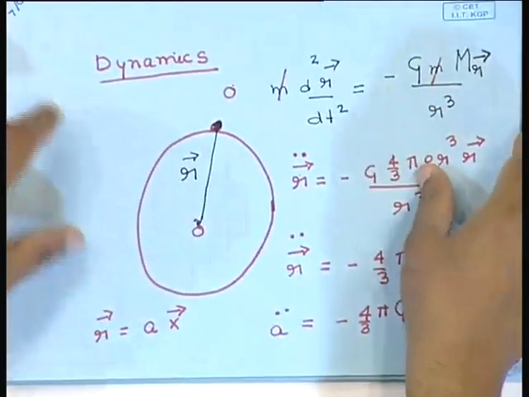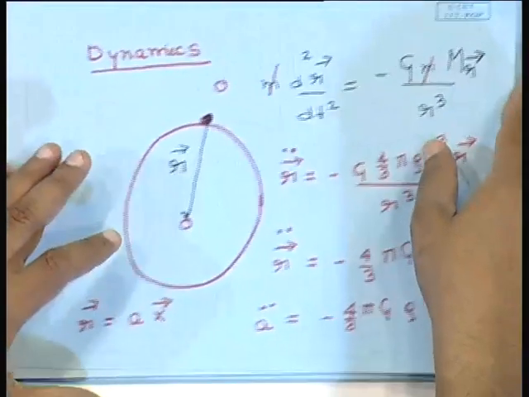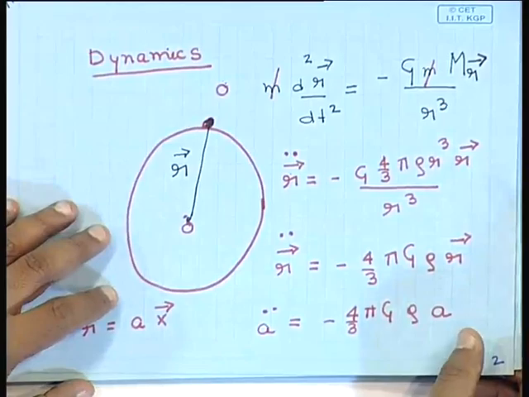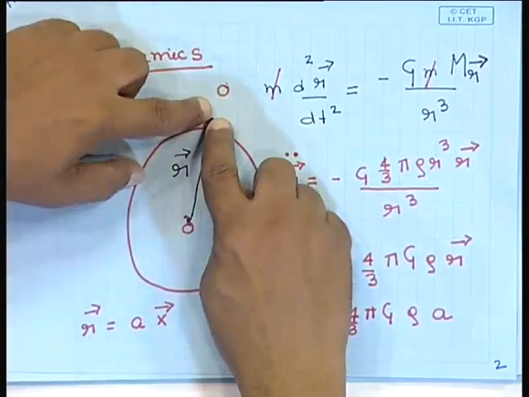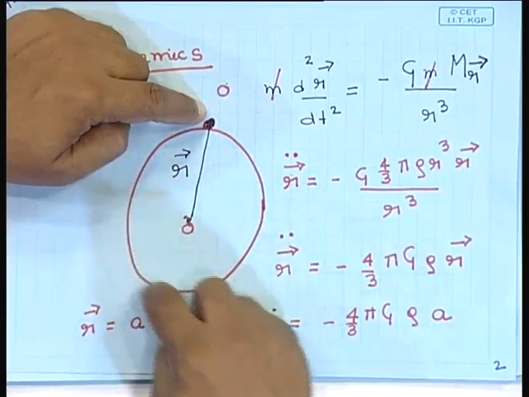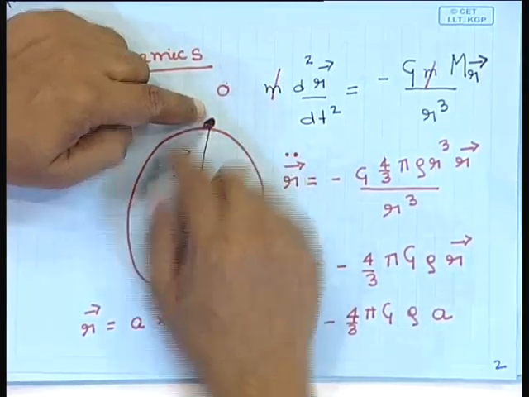Now, we have been doing a Newtonian analysis. In the Newtonian analysis, the gravitational force from inside on this object occurs only due to the mass distribution inside this.